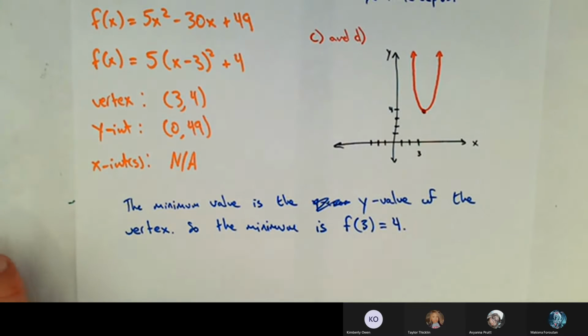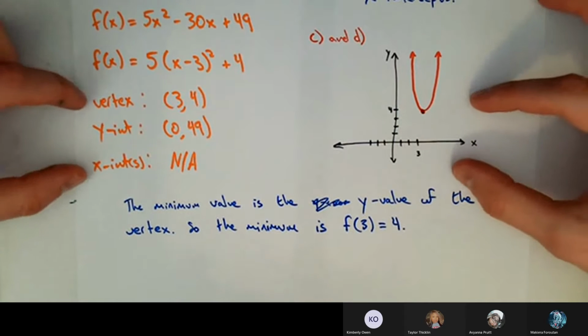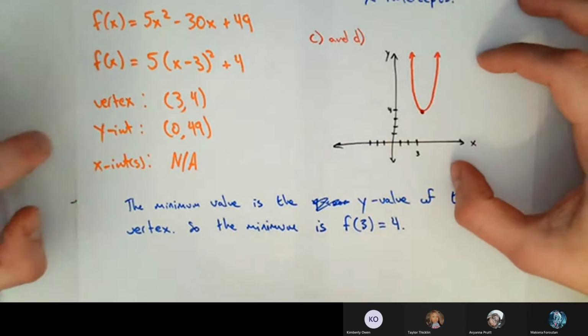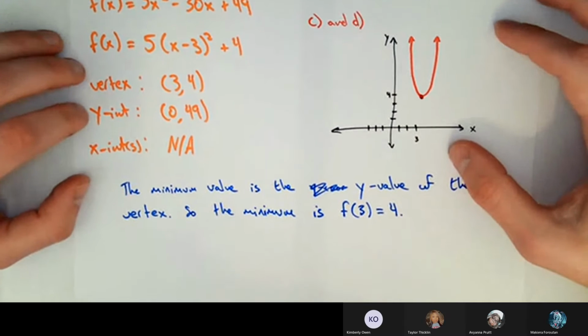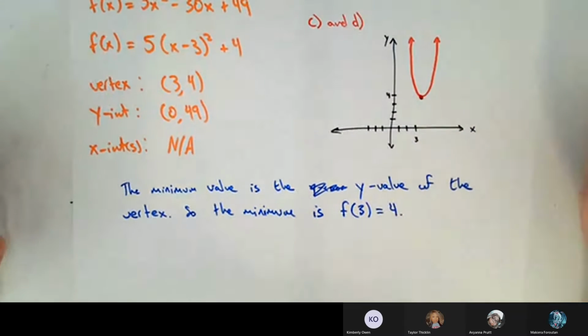And why is that? Why do we care? You know, if the answer is just 4, why not just write 4? Why do we have to write f of 3 equals 4? I think that's just become standard because this maximum minimum stuff, finding the max or minimum of functions, you could group that into this thing called optimization.